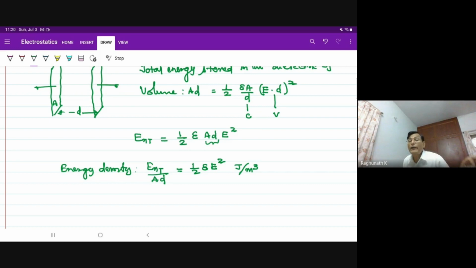So at any point where the magnitude of the electric field intensity is capital E, energy stored per unit volume of the dielectric of permittivity epsilon is half epsilon E squared.